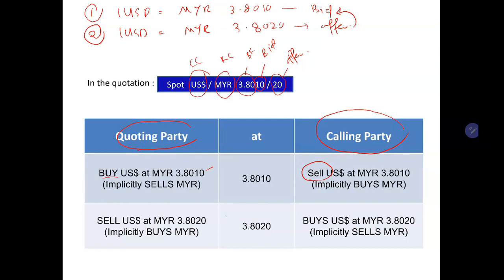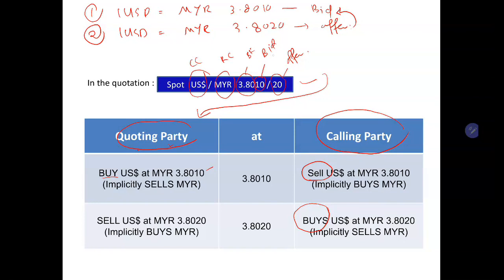Second, the quoting party will sell USD at 3.8020, while the calling party will buy 1 USD at 3.8020. So this quotation is from the perspective of the quoting party.